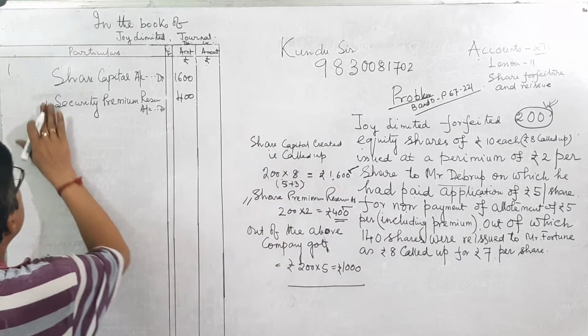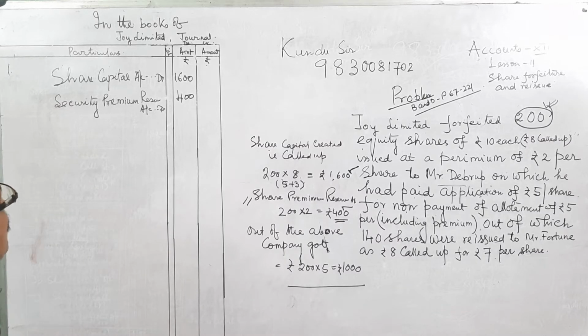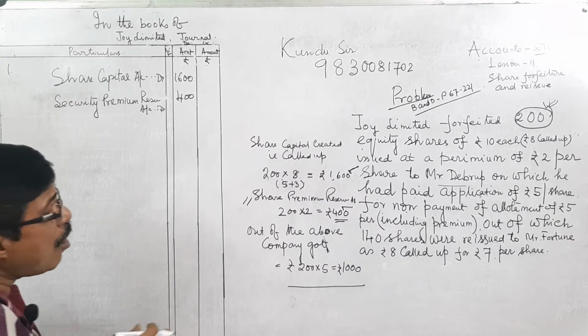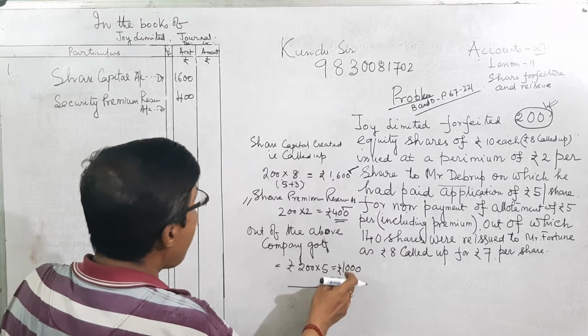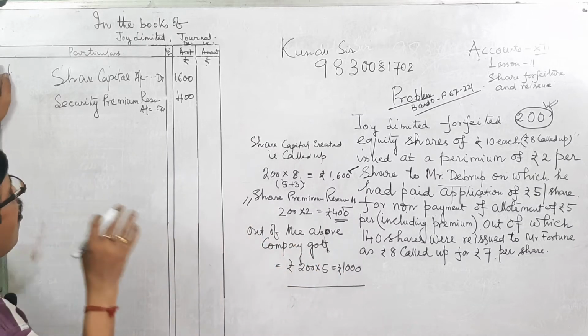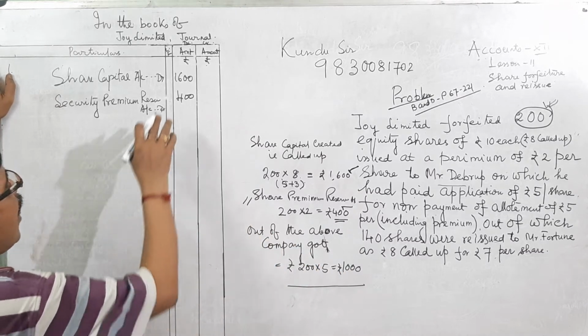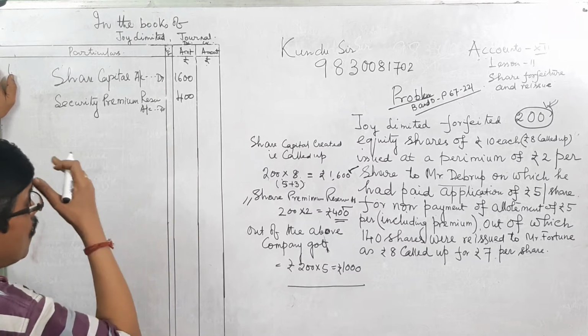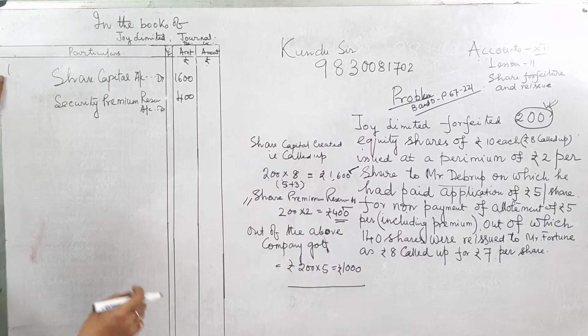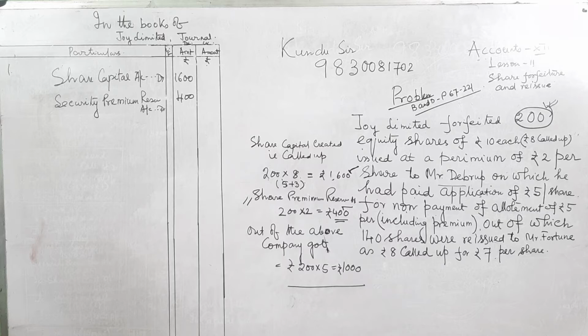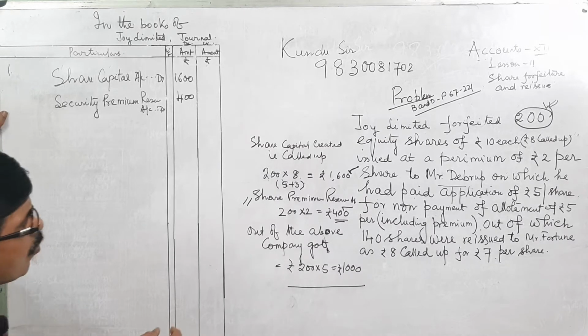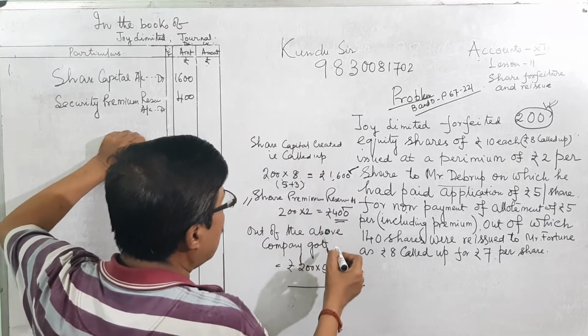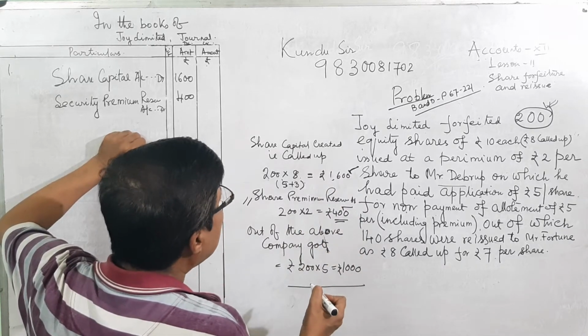That is 2000. Out of which we have got this, and the rest portion we have not received. It is either lying at call scenario. So we are considering the unpaid amount. What is unpaid amount?